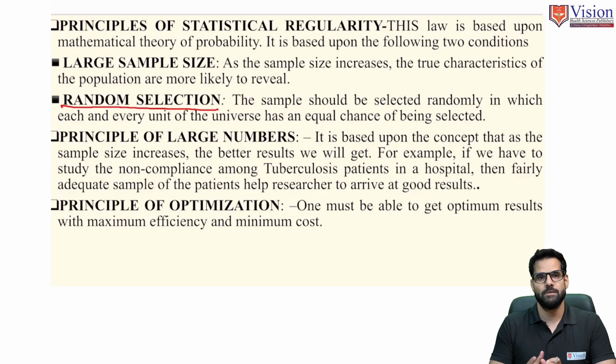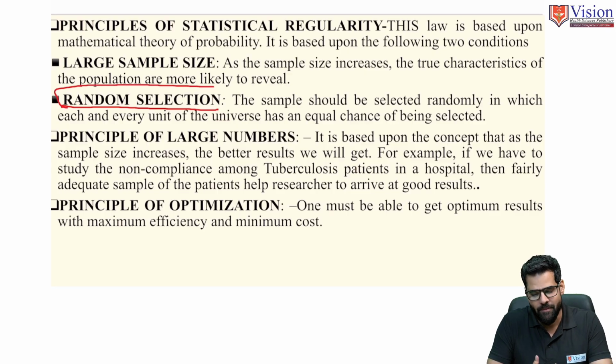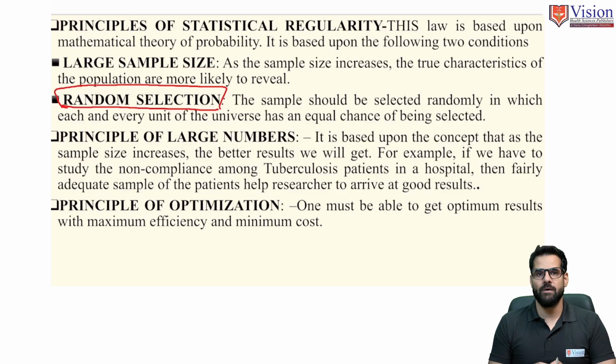If you really want your population inference, which is based on the sample, to be valid or accurate, you need to select this sample randomly. Random means where every unit, every subject or sample is given an equal chance of being selected. You can adopt various probability methods like simple randomization, or stratified or cluster randomization, but everyone should be given an equal chance.